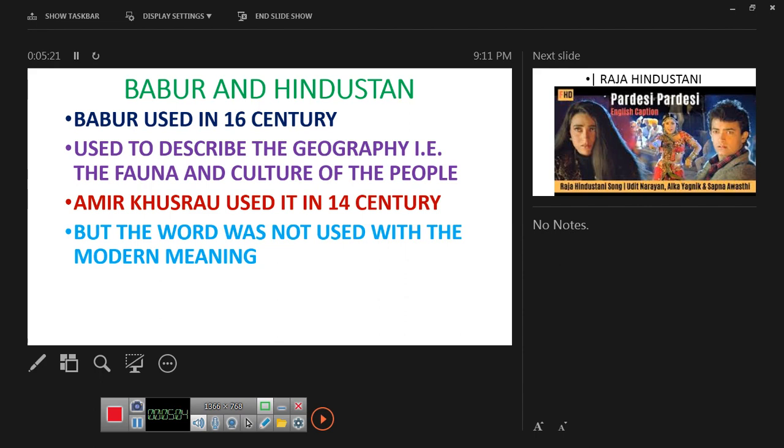He used the word Hind only for the areas where the rulers of Central Asia were ruling. So these are the differences we get. Every word has changes, or the words are used in different meanings, in different contexts. That is what it is.